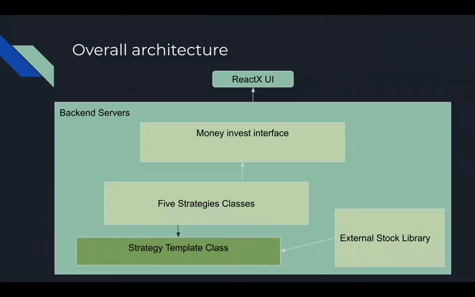So this is our overall architecture for the app. Firstly, we have the strategy template class, created as the template for 5 strategies. Then we have the external stock library.